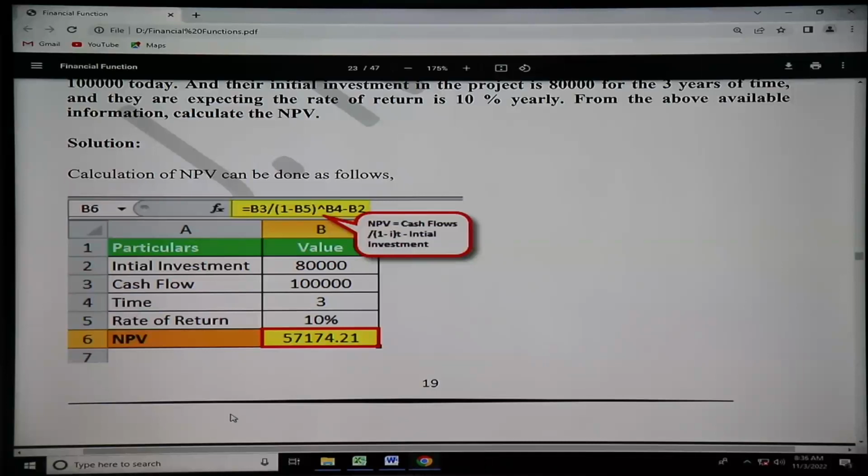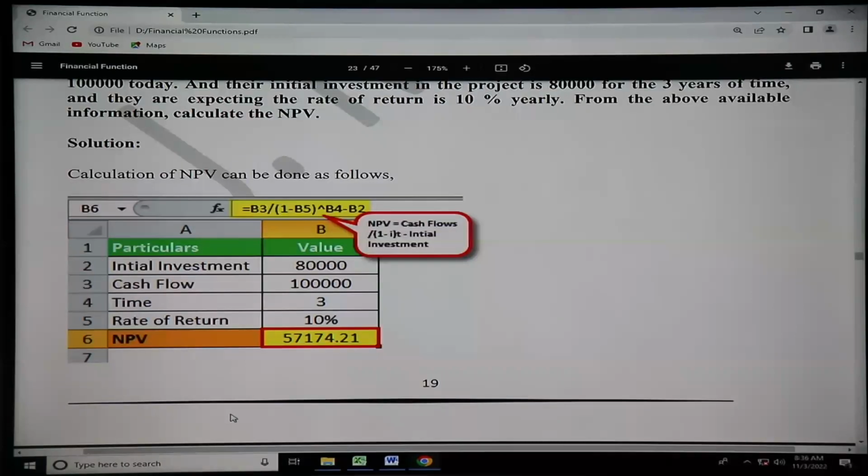Just master the formula, because we will later use the NPV function in Excel. But even the NPV function in Excel still requires you to have mastered the formula. Why? Because at a given time, even with the function, you're still required to add or to minus the initial capital.